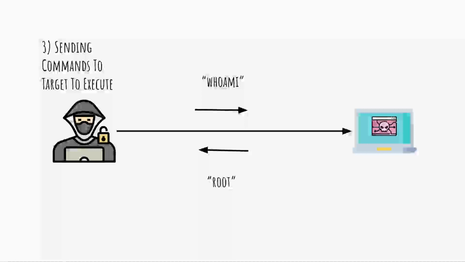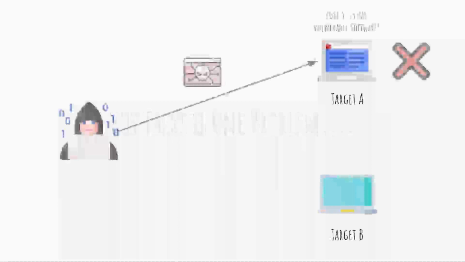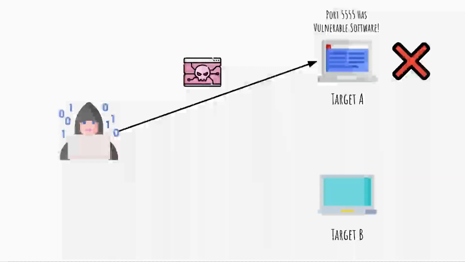However, there is one problem with this. Imagine we have 2 different targets, target A and target B. And let's say target A has a known vulnerability. It is running some outdated software on port 5555, for example, and in that case we would do what we just explained, which is exploit the target through the vulnerability and deliver the payload that will allow us to control that target machine.